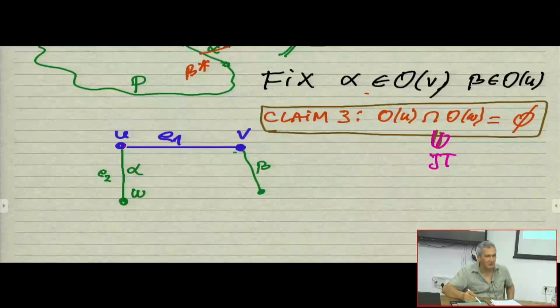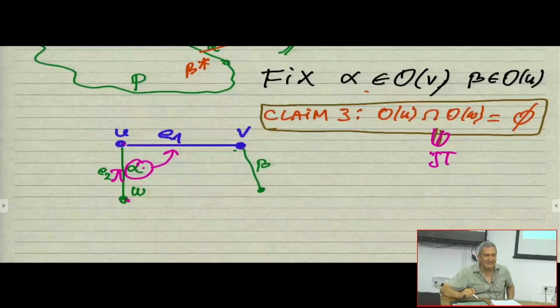P is missing at U and P is missing at W. So what can I do? I can put P here, and I can move alpha here. It's no problem at V because alpha is missing at V. Okay? There is the proof of claim 3.